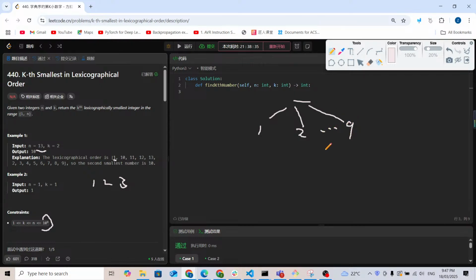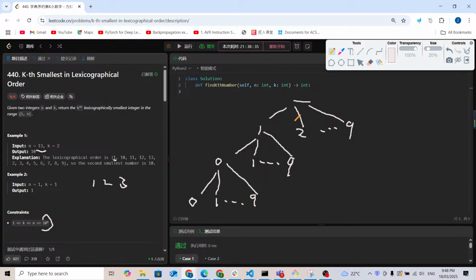The trie is just a tree structure, and after this 1, we start to have 0, 1 until 9. I will not draw the branches 2 to 9, but for simplicity I will just continue drawing from this 0. From this 0, we continue to have 0, 1 until 9.